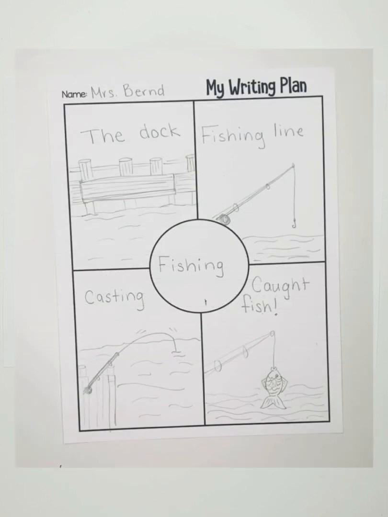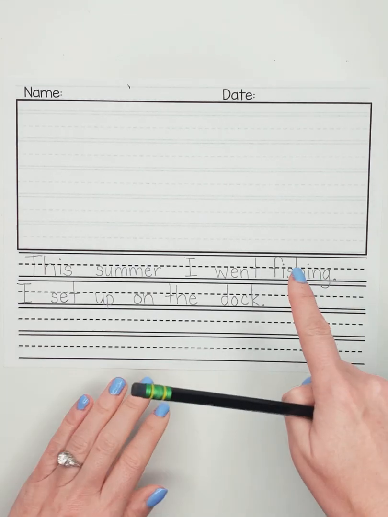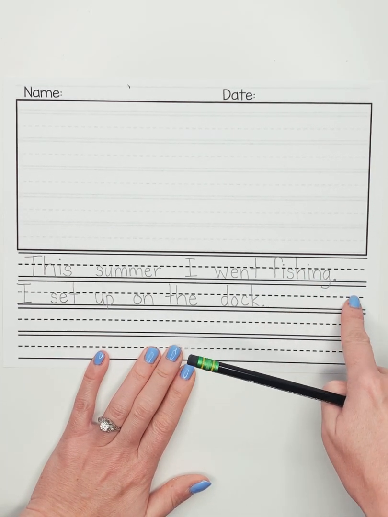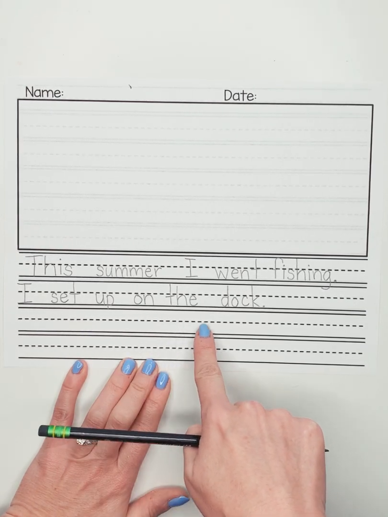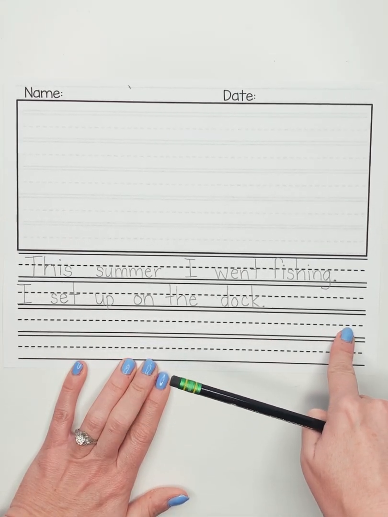Okay, now I'm going to look back at my plan. The next part of my plan talks about the fishing line. I need to think about my writing and what sentence I want to write about the fishing line. Maybe I could say, next I put the hook on my fishing line. I like that. Next I put the hook on my fishing line.